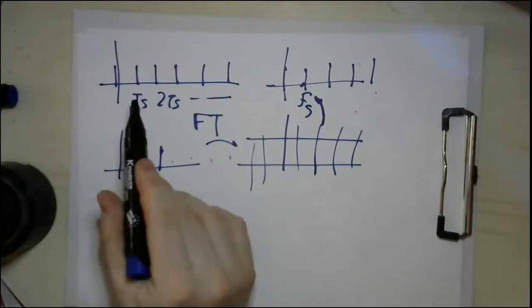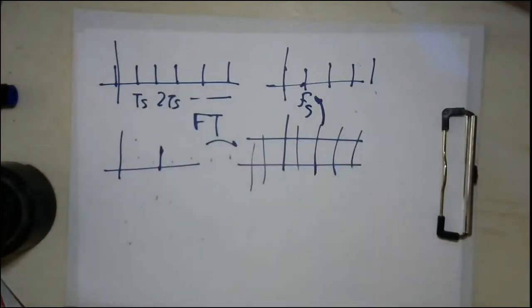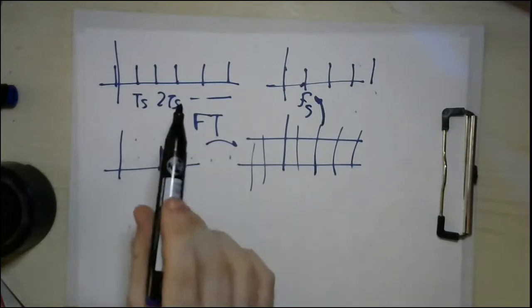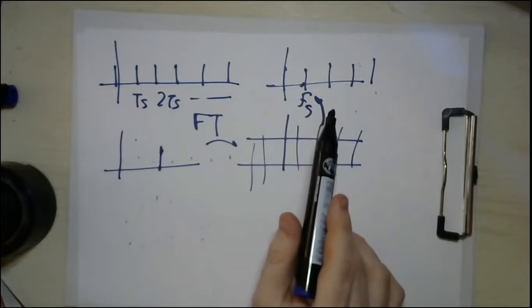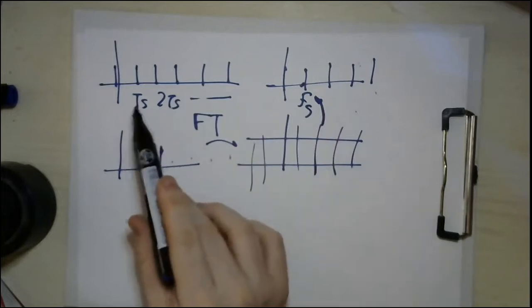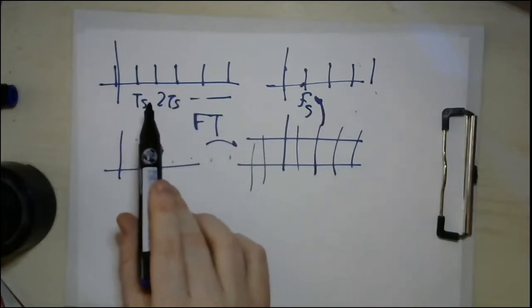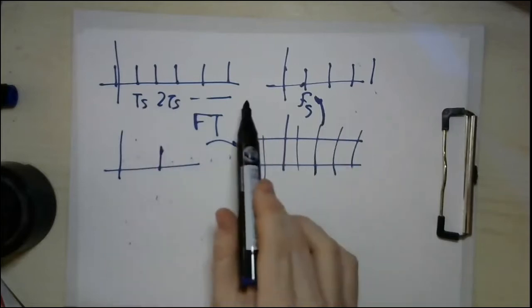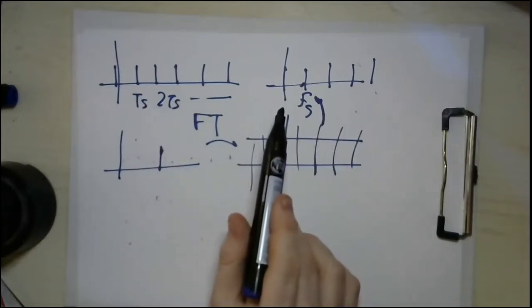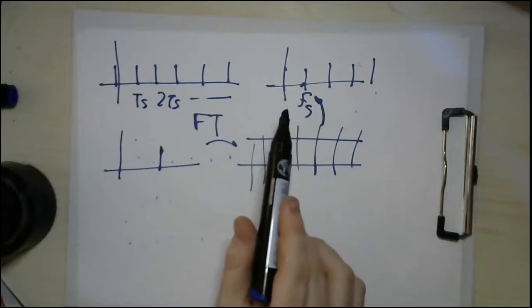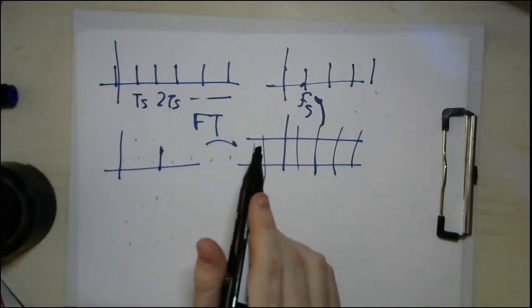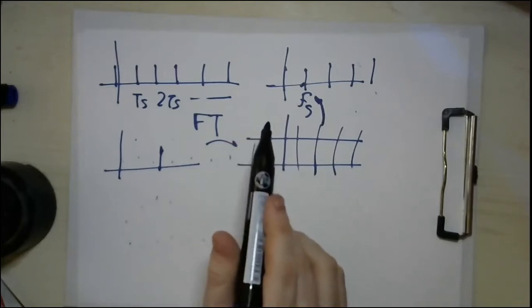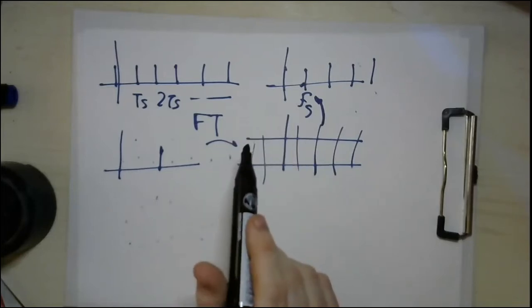You have a train of delta Dirac functions in the time, and a train of delta Dirac functions in the frequency. Here they are separated by the time called Ts, or sampling time. Here they are separated by a frequency quantity, which is Fs, or the sampling frequency. So this is a very, very interesting structure.